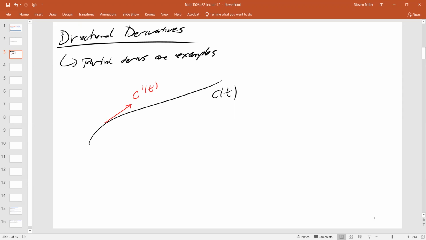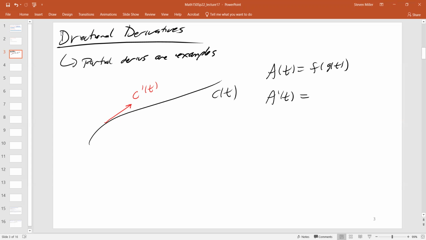Why would I want to do something like this? Well, if I look at, say, A of t is f of c of t, this is a function of one variable. We know how to calculate derivatives of functions of one variable. This is just A prime of t.